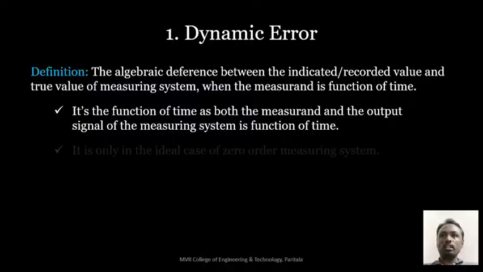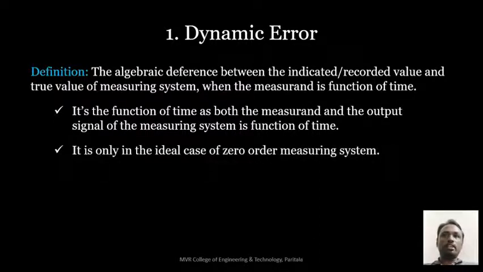It is only in the ideal case, for a zero order measuring system, that it will be 0. It is only 0 here; the 0 was not printed. It was interchanged, so please consider that mistake.